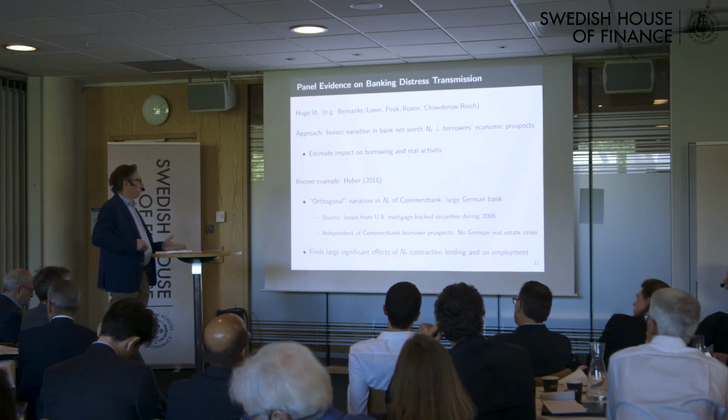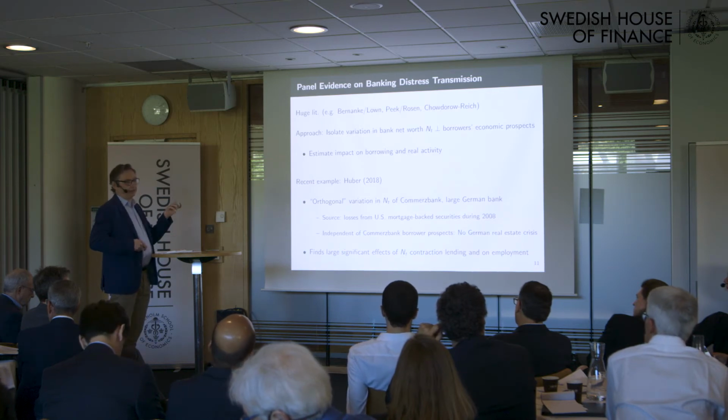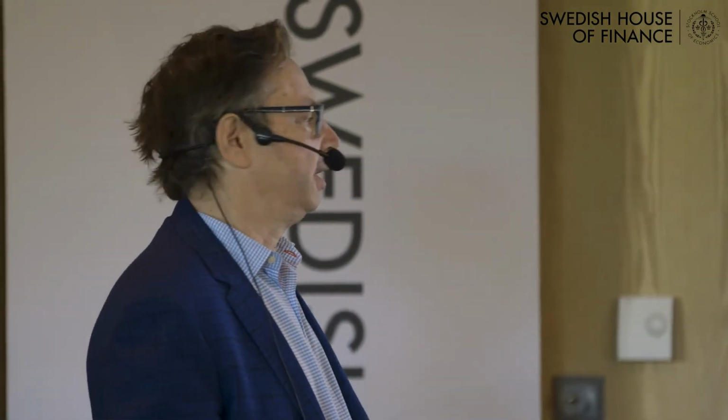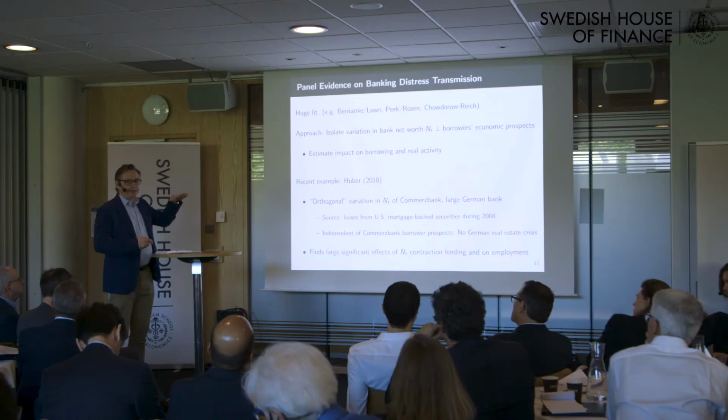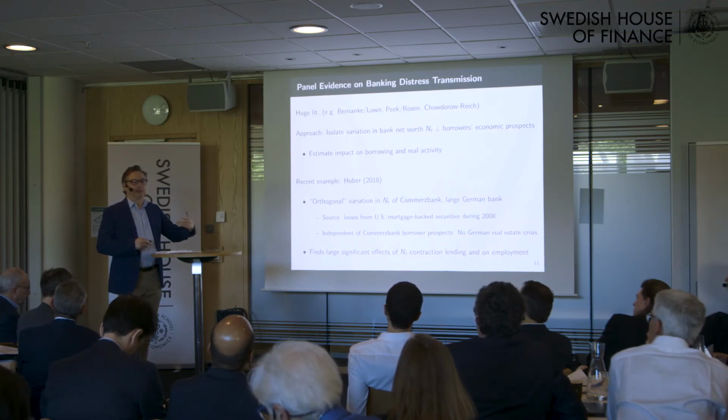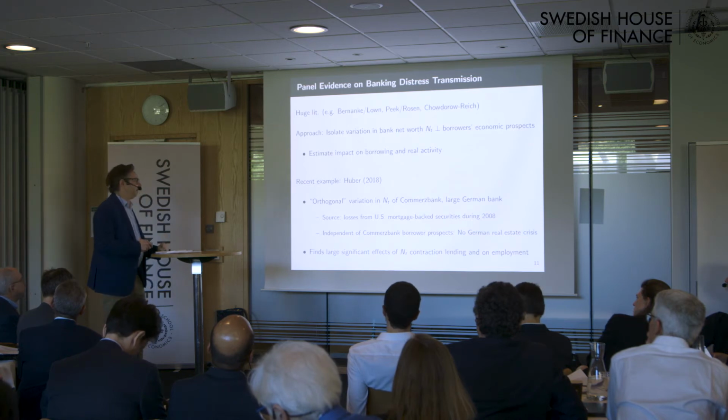And then he goes on to show large significant effects of this contraction on lending, on employment, on borrowers, firms dependent on Commerzbank, and also regions dependent upon Commerzbank activity. Now, I won't say this is a universal result of the literature, but it's a fairly common result that there are big effects of banks' balance sheet health on bank lending.